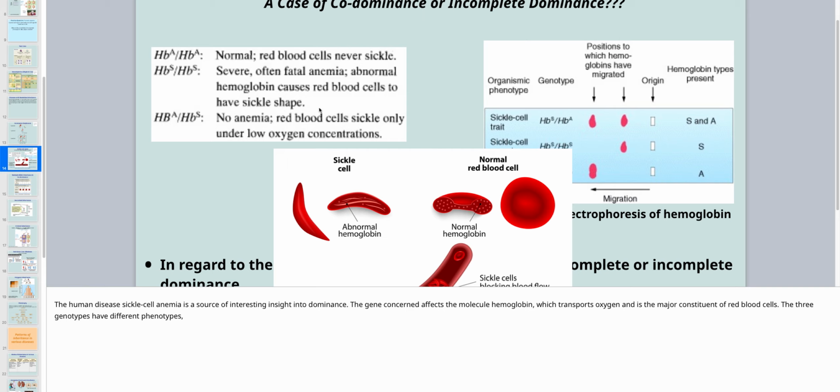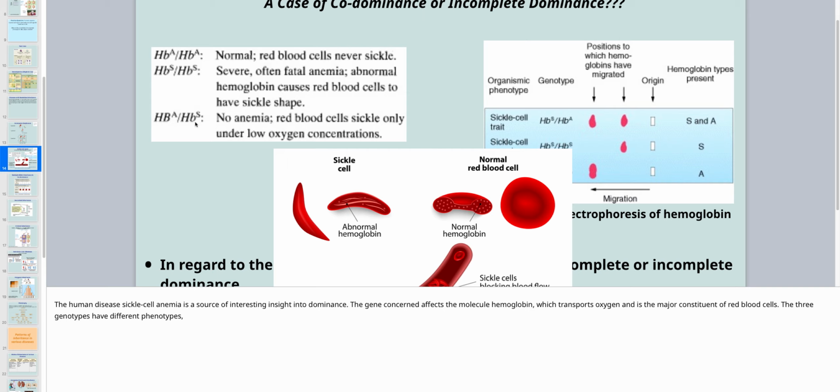So there's still some phenotypic difference between them and a normal homozygous A allele person, but their anemia wouldn't be quite as severe as someone with sickle cell disease.